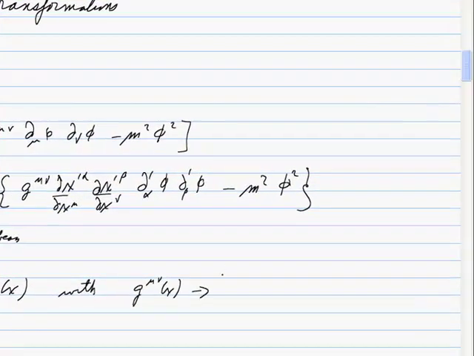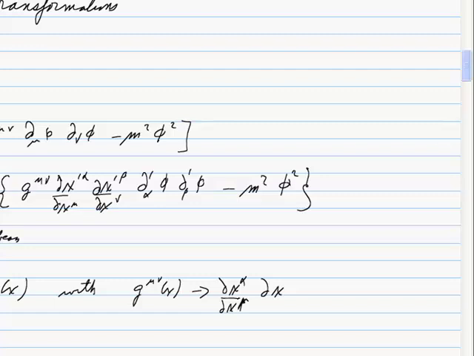if we take g mu nu of x goes to dx alpha over dx prime mu, dx beta over dx prime nu, g alpha beta. Actually, I'm using some old notes here, and I caught a mistake somewhere in this area. So there's some potential for being a little screwed up on some index.